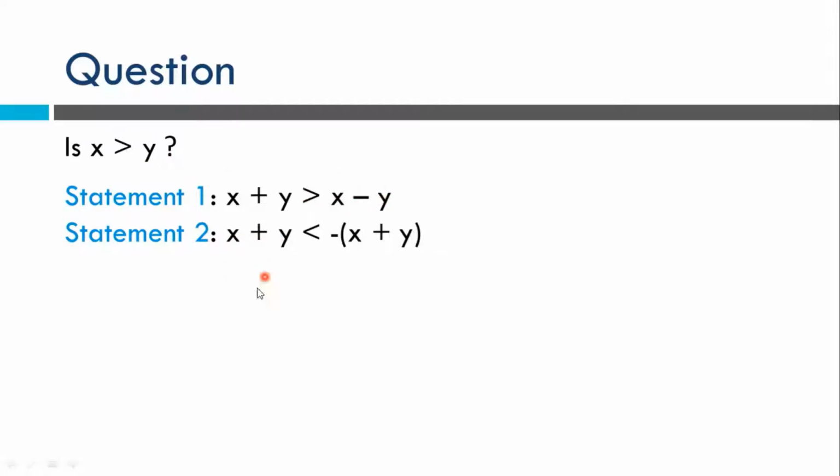And the second statement is, when you are adding these two numbers, the sum is less, then that must be less than what? Than their negative sum, the negative of the sum. So these are the two basic statements about this condition of the inequalities.